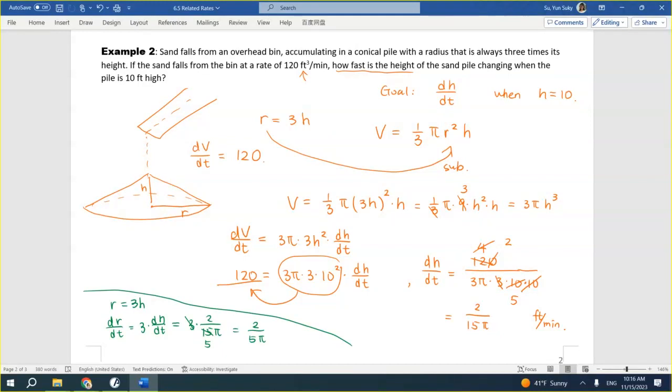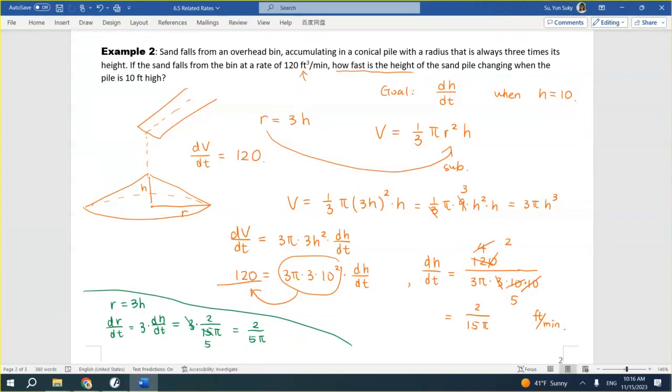Therefore, all the variables, the r and h and the V, they are not t. So when you differentiate, you need chain rule. Chain rule is you multiply by that variable prime at the end. So when you differentiate V, the derivative of V is 1 times dV/dt because of the chain rule.